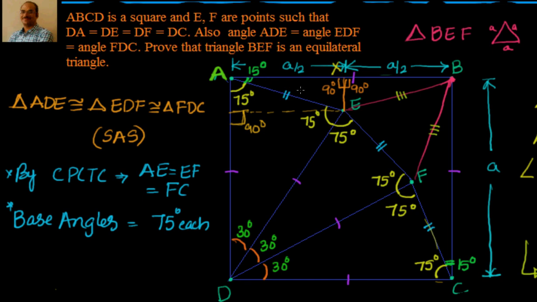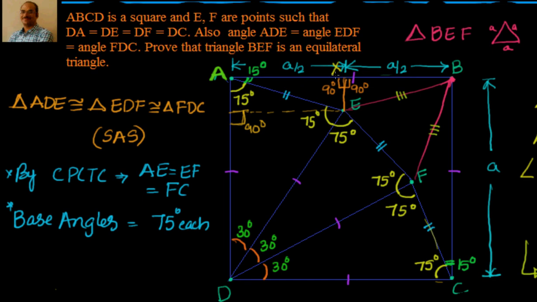Now you can see that there are two congruent triangles here, because we have seen that if you drop a perpendicular and it is cutting at X, we know that the length of AX is nothing but equal to, let us say, XB, because it's a 30, 60, 90 degree triangle. You know, this is A by 2 divided into two equal parts.